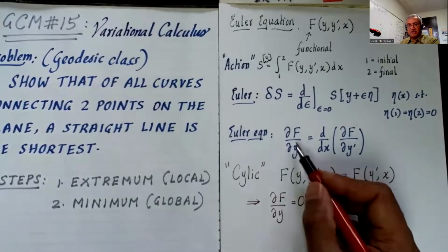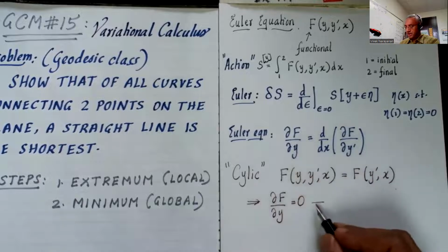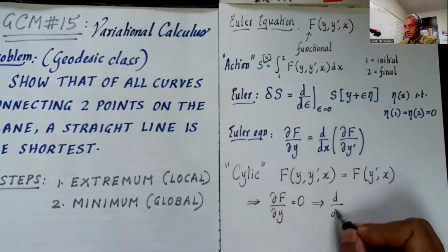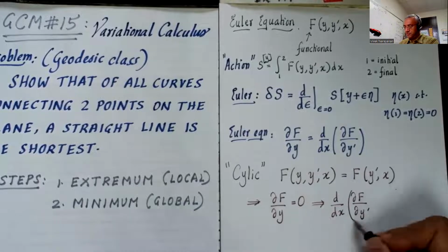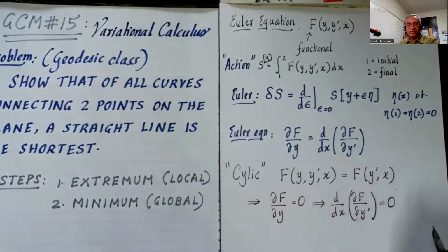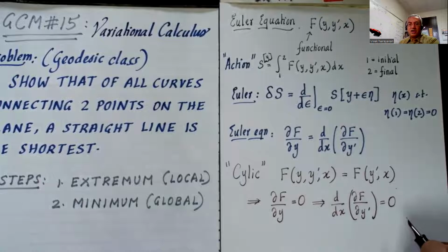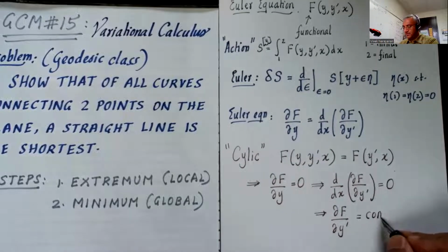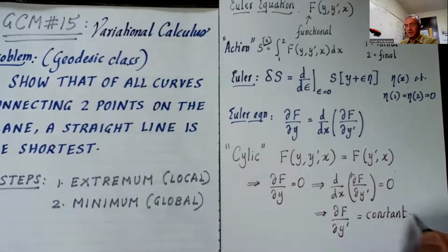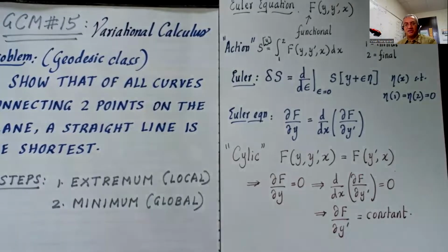Now, if you substitute that into the Euler equation, I get that d by dx of del F over del y prime must also be equal to 0. And if that is equal to 0, then that implies that del F by del y prime is a constant. We're going to be using this in doing this problem.